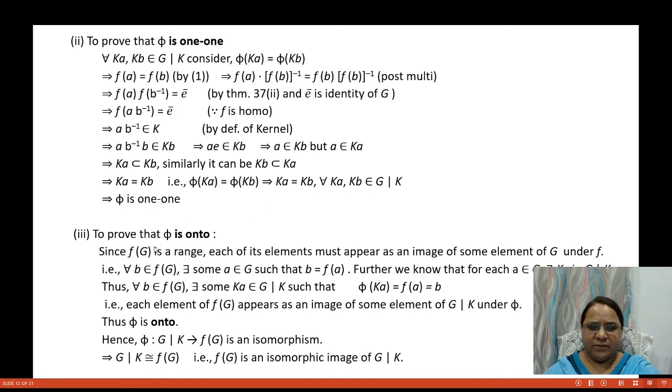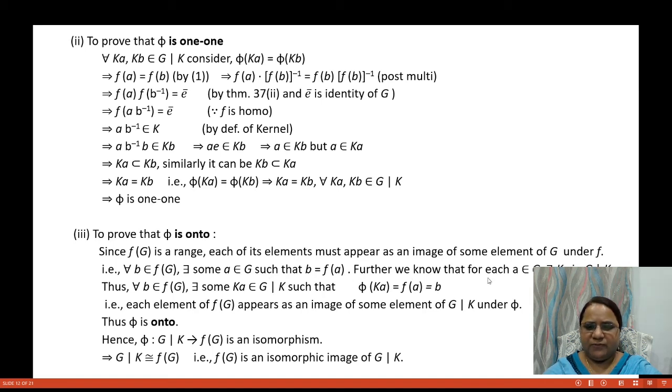Now to prove that it is onto, since f of G is a range set, onto means the images in the range set must have a pre-image here. So since f of G is the range, each of its elements must appear as an image of some element of G under f. For all b belongs to f of G, there exists some a belongs to G such that b is equal to f of a.